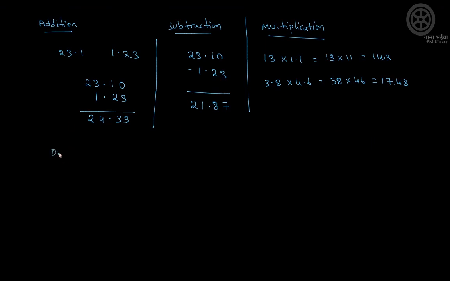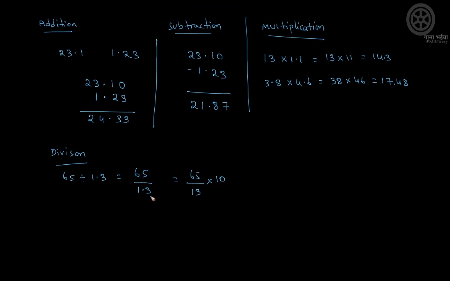Now division. How do you divide decimals? 65 divided by 1.3. Very important. In 1.3 you have only one decimal place, so you need to remove the decimal and multiply by 10.